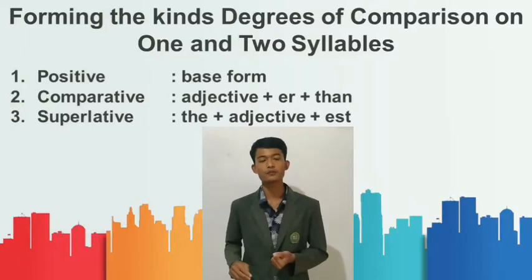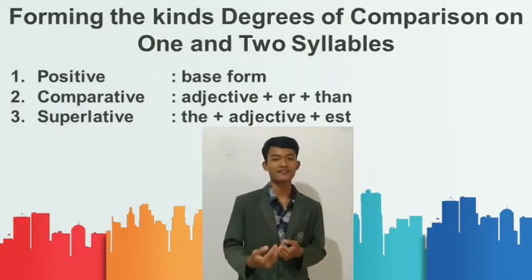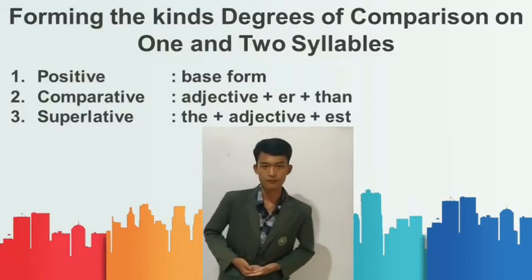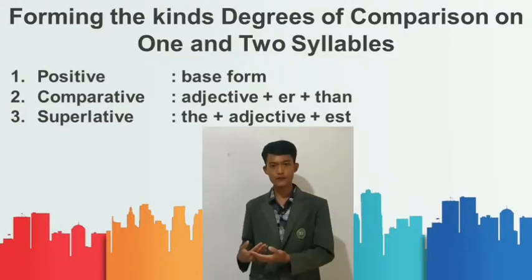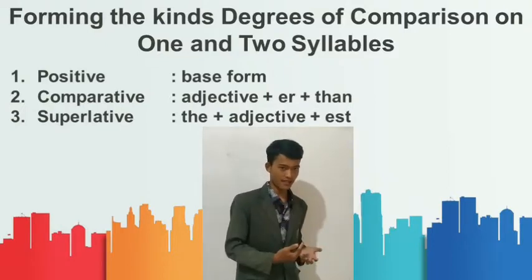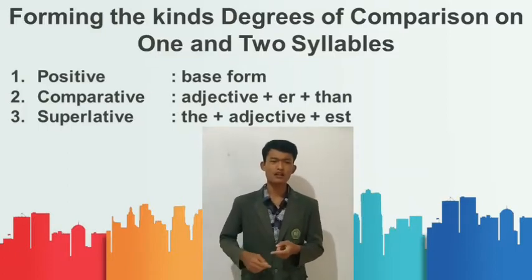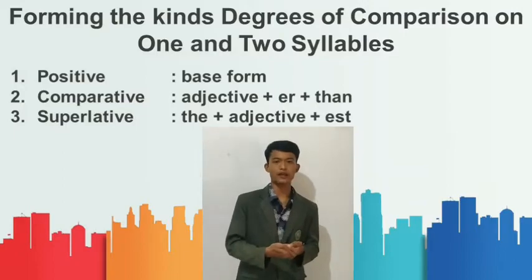Okay, it will be like easier, easier than. And then the third, how about the superlative form? The superlative form is the plus adjective plus est. Okay, like the easiest.